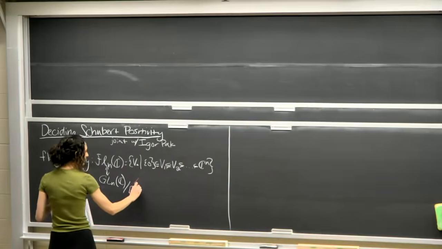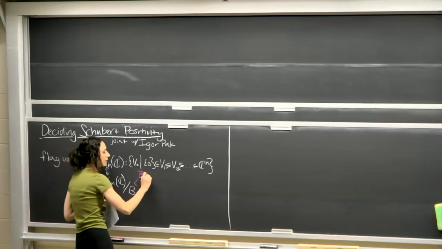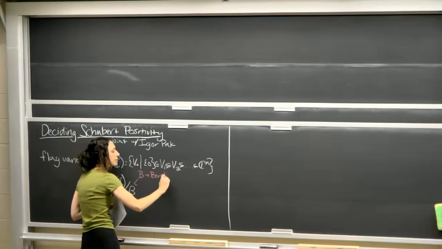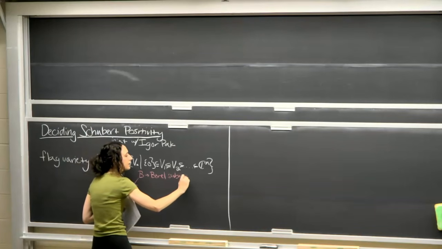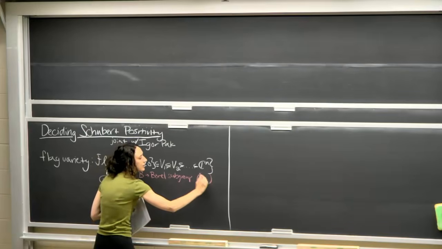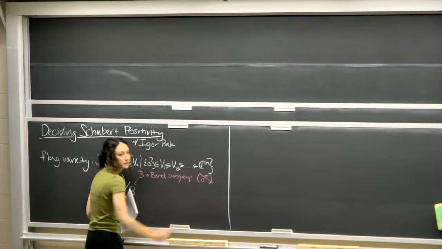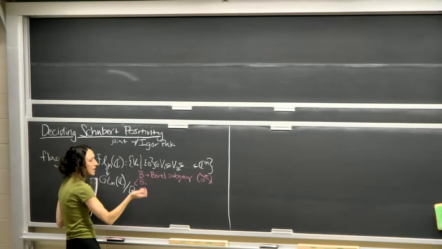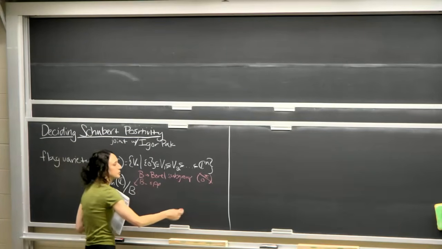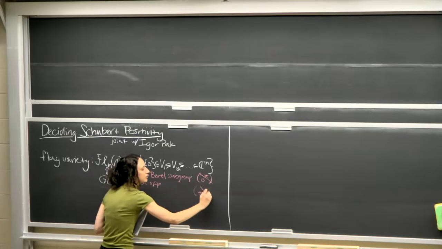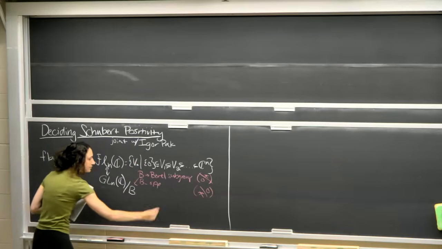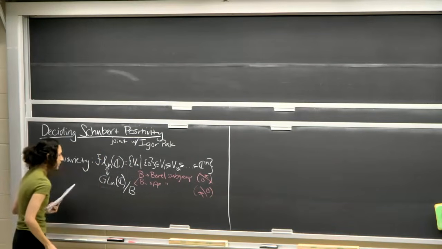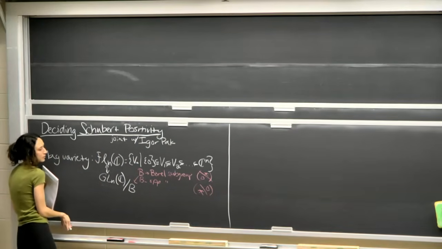is the Borel subgroup of upper triangular matrices. And our B minus is just the opposite Borel subgroup, where that's just our lower triangular matrices. Okay, so how did I write the opposite Borel subgroup?